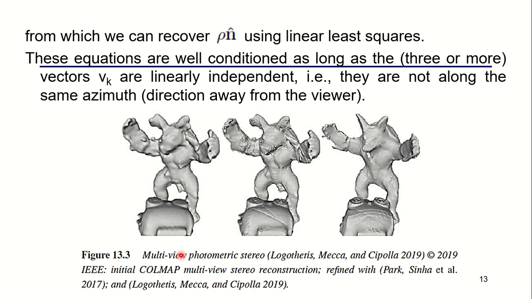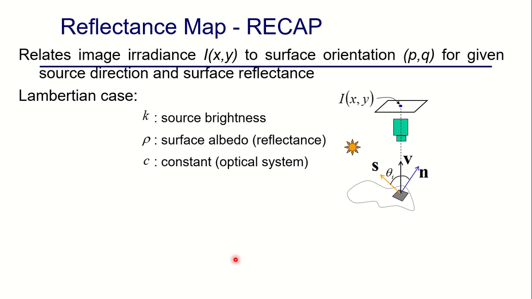The diagram shows the multi-view photometric stereo. Reflectance map: it relates the image irradiance I of x comma y to the surface orientation p comma q for a given source and the surface reflectance. So in the Lambertian case, K denotes the source brightness, rho denotes the surface albedo, that is the reflectance, and C denotes the constant in the optical system.